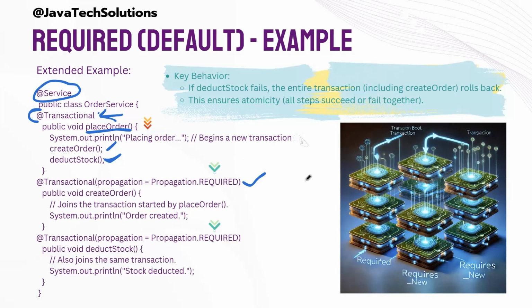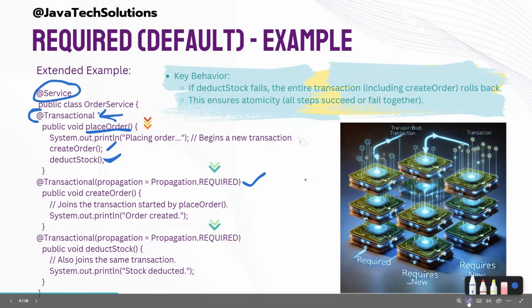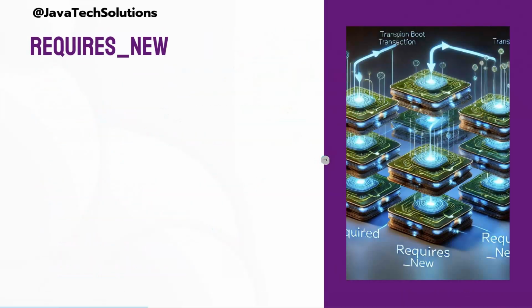Next, we will talk about the REQUIRES_NEW one. This is another parameter we use in propagation. REQUIRES_NEW is a transaction propagation type in Spring that ensures a new independent transaction is always started for the annotated method.